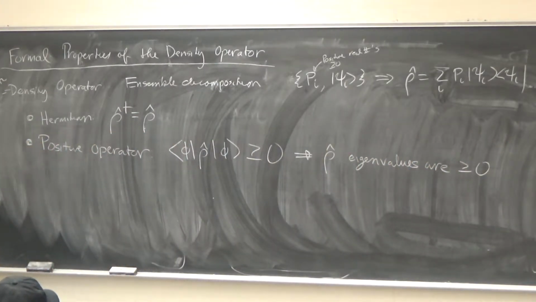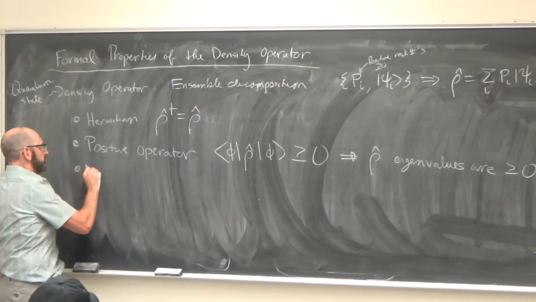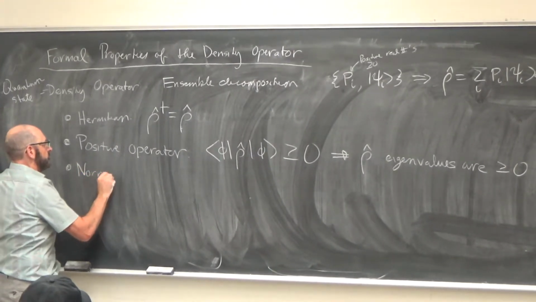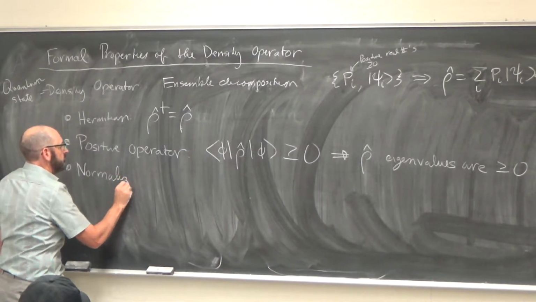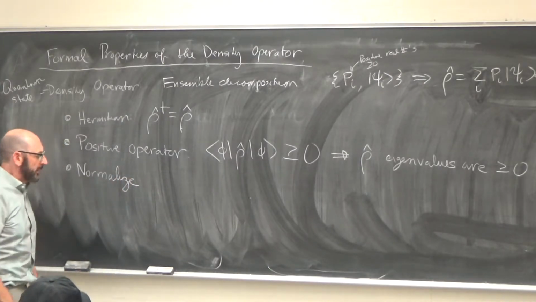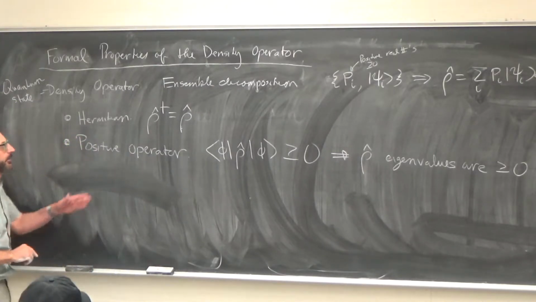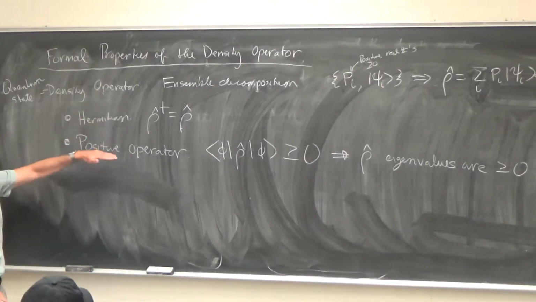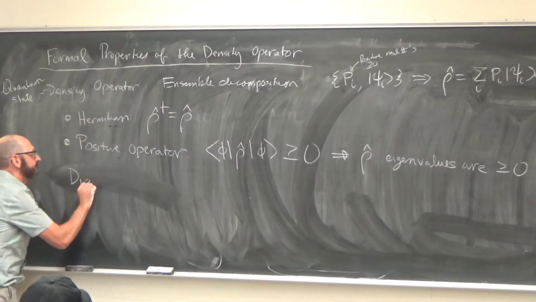Right. Now, as we always do when we think about quantum states, we normalize them. Actually, before I do that, let me say something different here, which is that if this is a Hermitian positive operator, then I can diagonalize it.